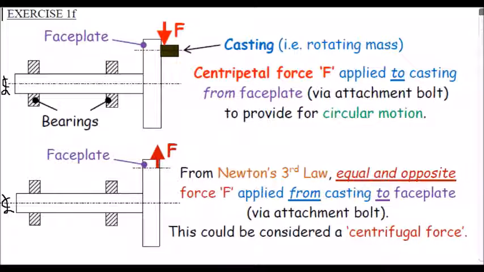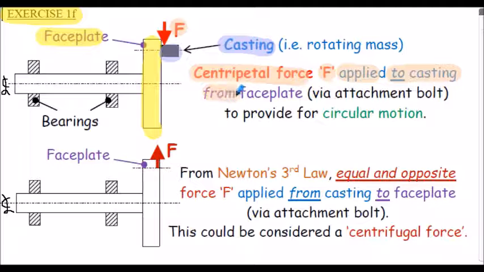So here's exercise 1F considered in a little more detail. This is a side elevation of the faceplate shown here, and the casting shown here. As we know by now, for circular motion there must be an inward seeking force, so that's centripetal force F. That's applied to the casting from the faceplate via the attachment bolts.